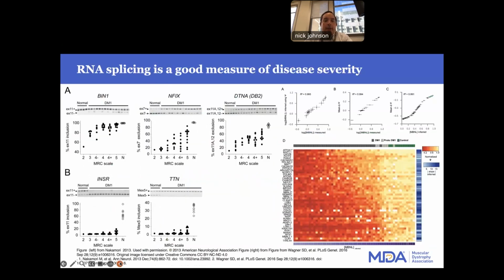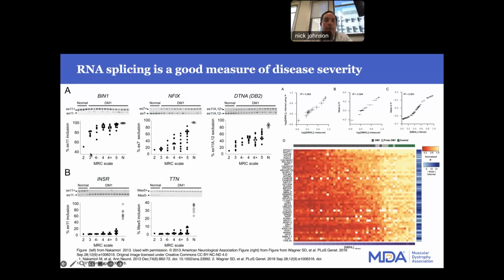And this has been supported in the past by work, again, out of the University of Rochester, using not the newer RNA sequencing, but this is using RT-PCR and showing that, for example, there's a pretty good correlation between the degree of strength and the amount of RNA missplicing that's seen.